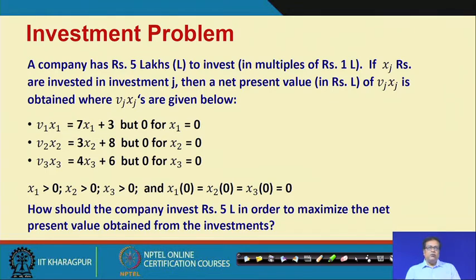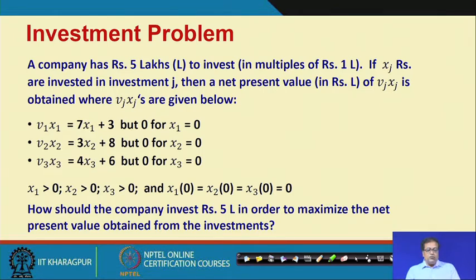The net present value or NPV, you know very well, is a kind of parameter by which the investment is evaluated. Like this we have the 3 investment options, and it is said that x 1, x 2, x 3, if they are bigger than 0, only then these equations are valid, but if the value is 0, that means you do not invest at a particular stage, then the value obtained in that particular stage will be 0.